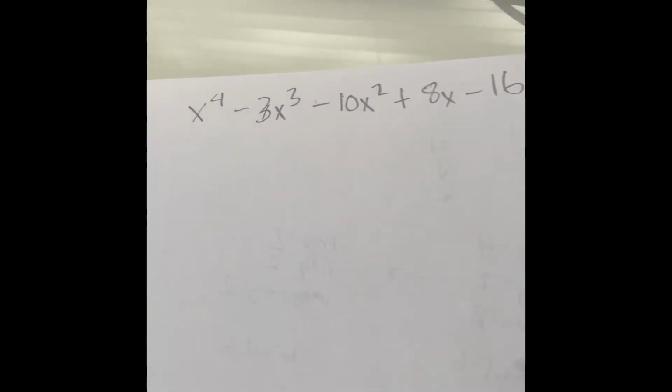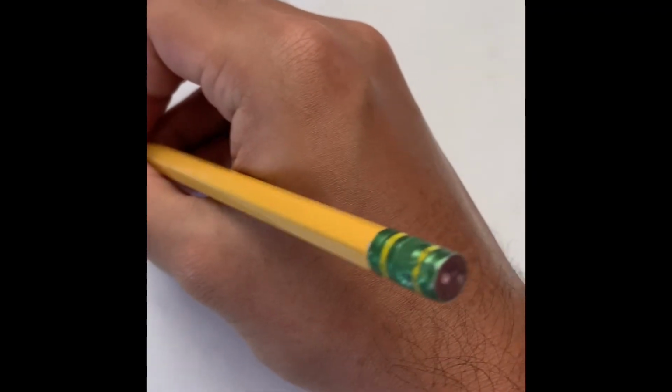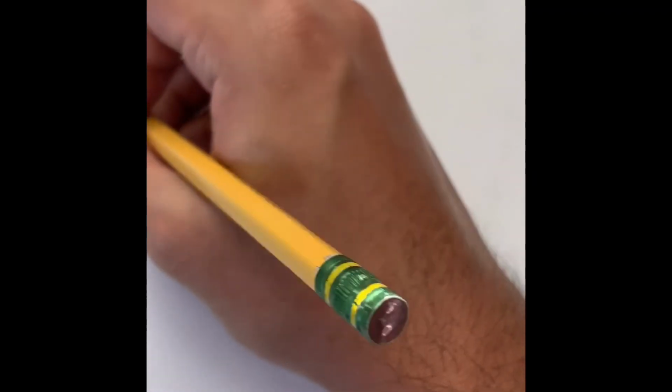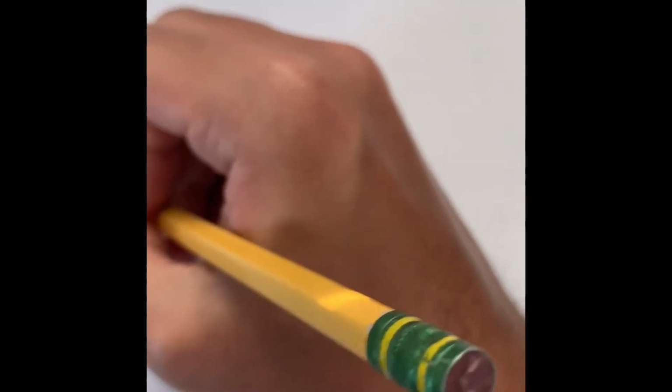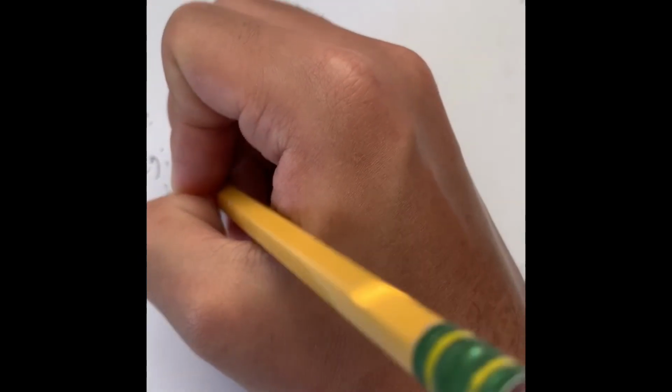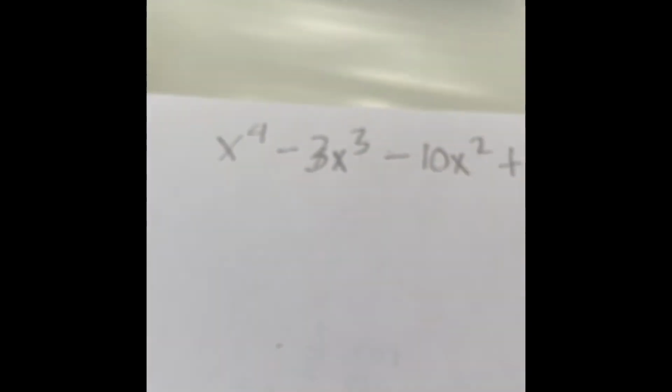So here's another example of a problem. We did all of that, and now let's see. Descartes' rule again is finding out how many positive, negative, and imaginary solutions there could be. So over here, what do we do for positive? We see the changes for the positive x.